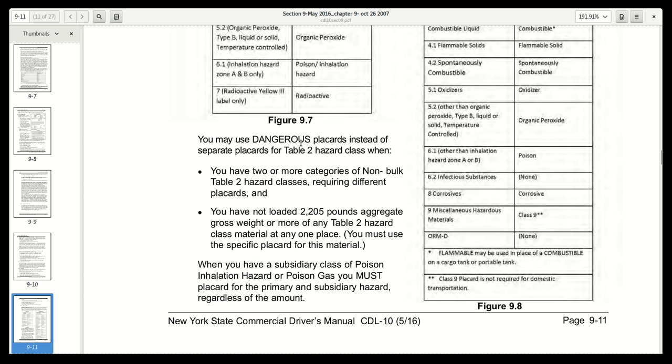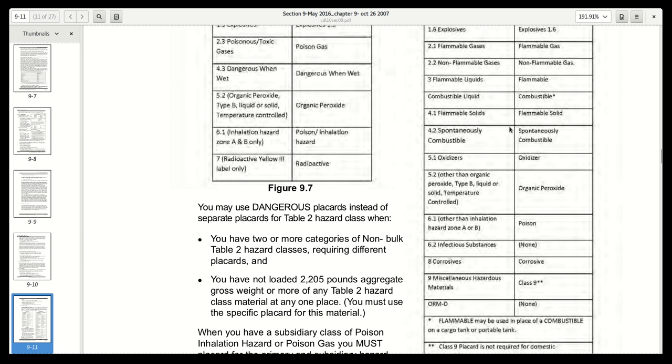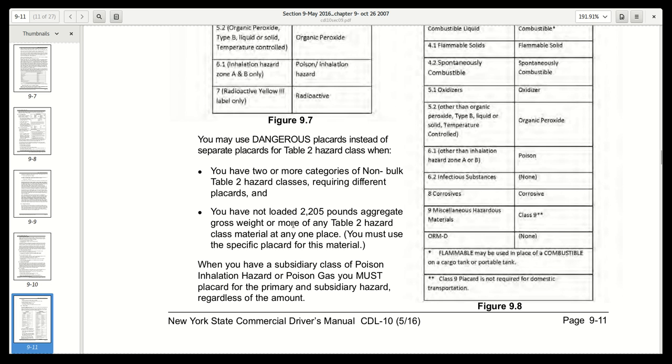Okay, so under figure 9.7 we have: you may use dangerous placards instead of separate placards for table 2 hazard classes when you have 2 or more categories of non-bulk table 2 hazard classes requiring different placards.